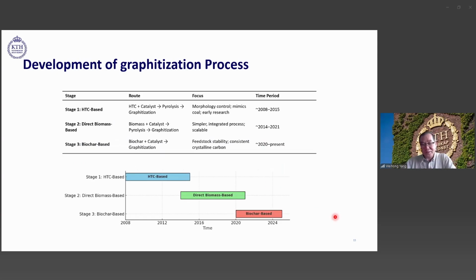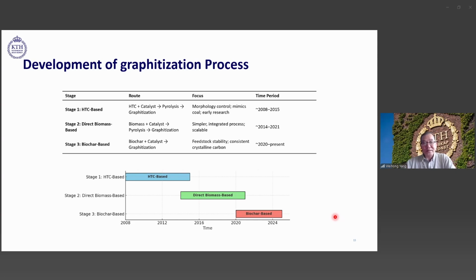Of course, the knowledge does not just come from heaven, suddenly today. In principle, we can see the idea of the graphitization of graphite production from biomass started from the beginning of the 21st century, around 2008. People started from hydrothermal carbonization based technologies.